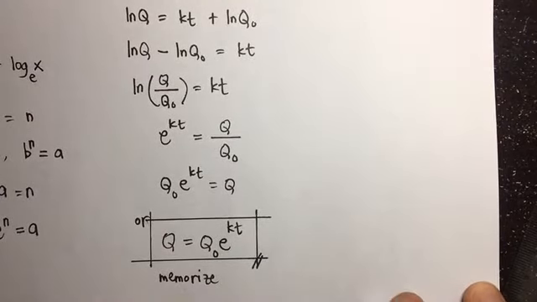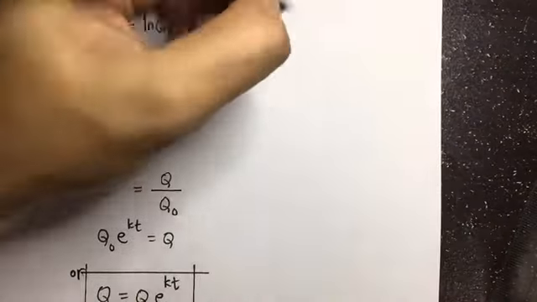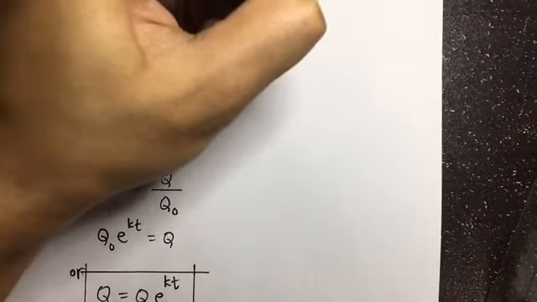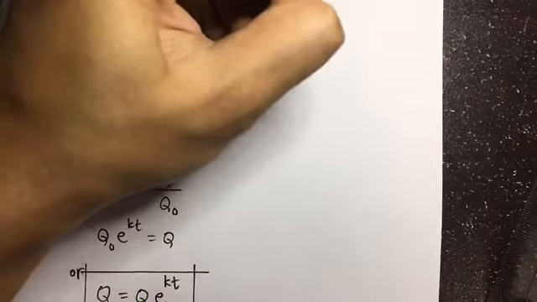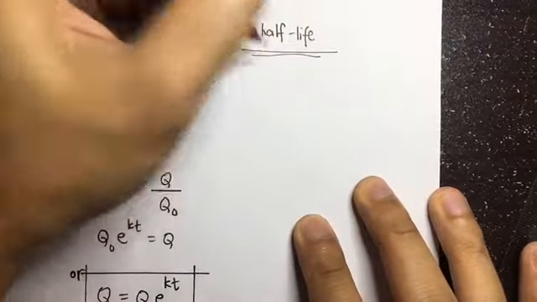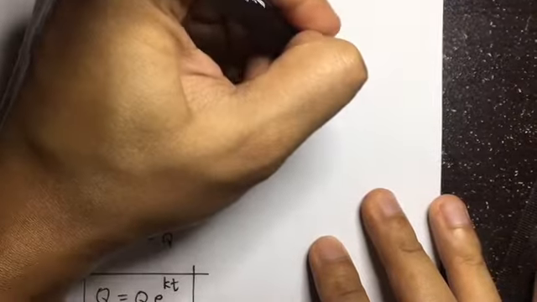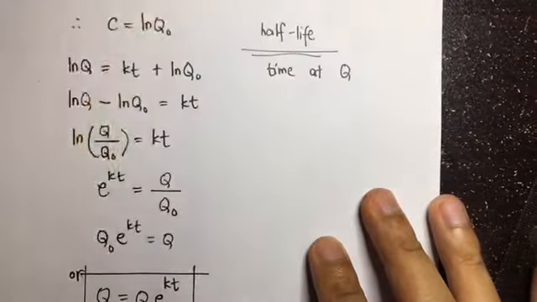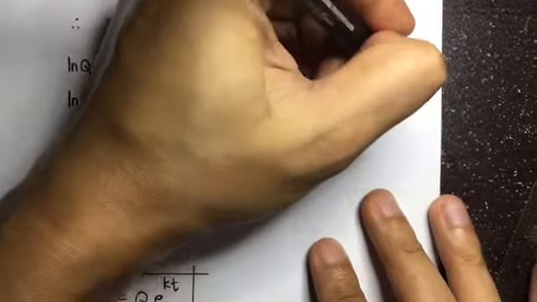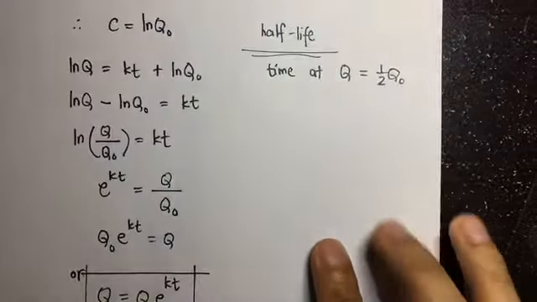Now we also have another concept which is called the half-life. The half-life is the time for which the amount present at any time is equal to 1/2 of the initial amount.